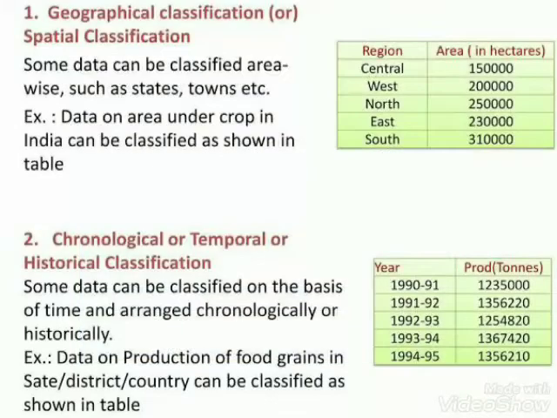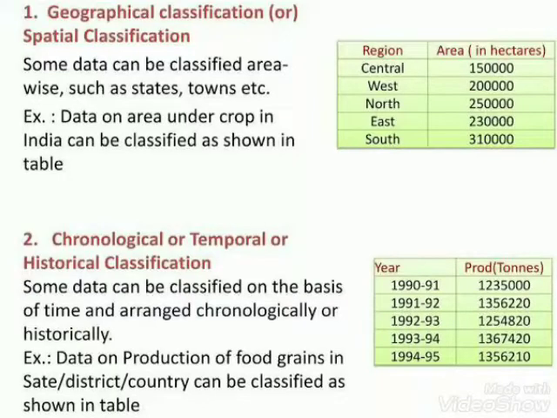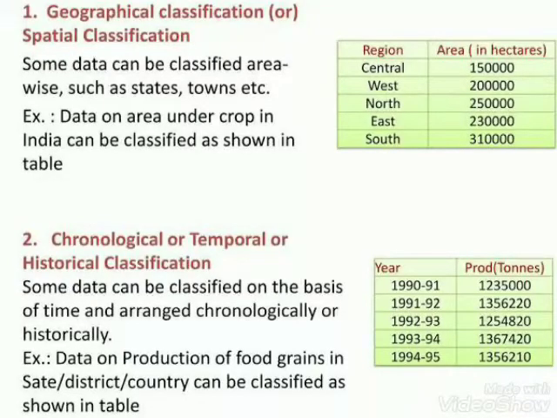The next classification of data is the spatial classification. When we talk about spatial classification, we are talking about a place or a location which becomes the classifying variable. Now this place or location can be a village, a town, a district, a state, or a country as a whole.